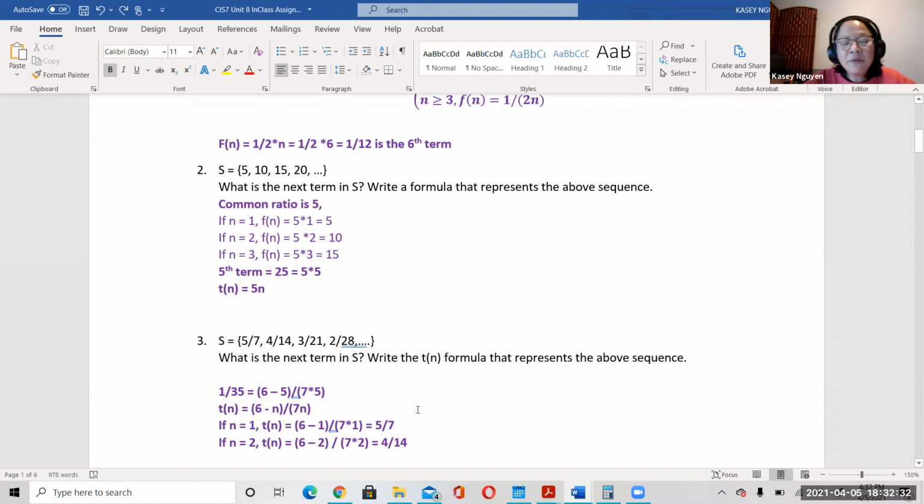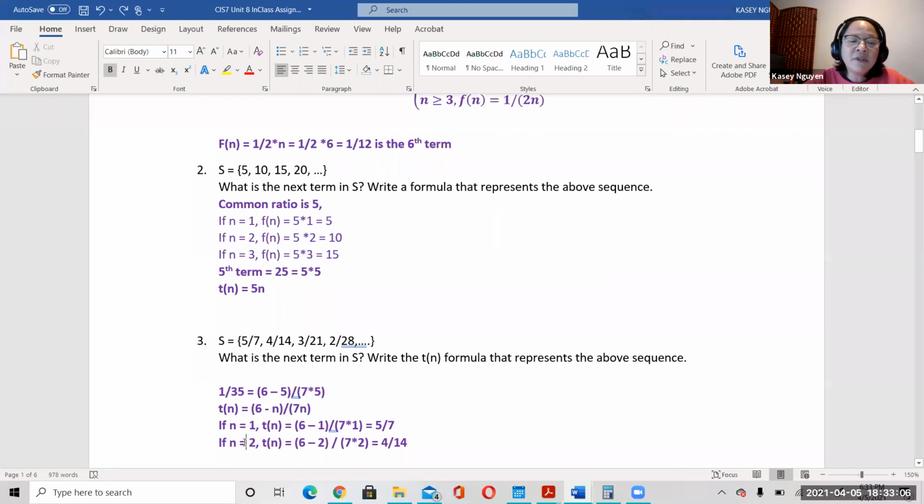When we start with n is equal to 1, we have 6 minus 1 divided by 7 times 1, because we have to represent the 1 in the 7 and the 1 in the 5. To get a 5, you take 6, subtract 1, the n equal to 1, and then take 7 times 1, which gives us 7, so we have 5, 7.